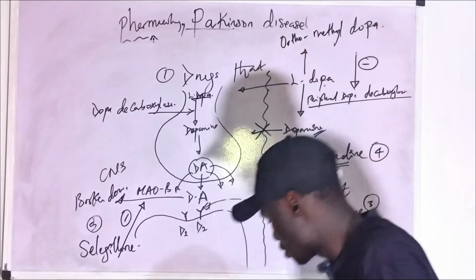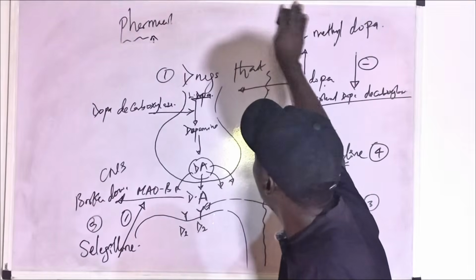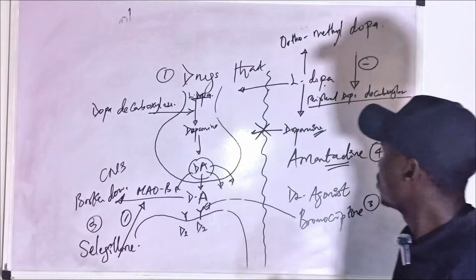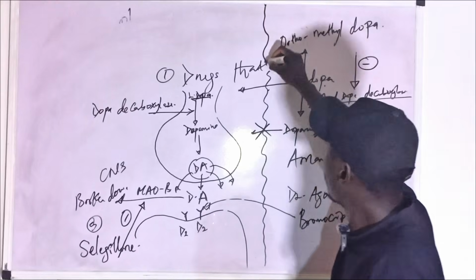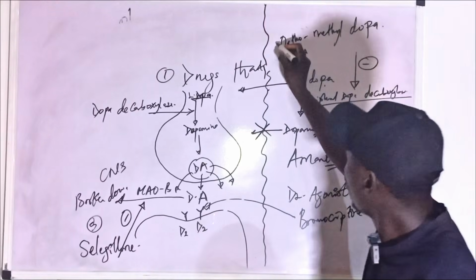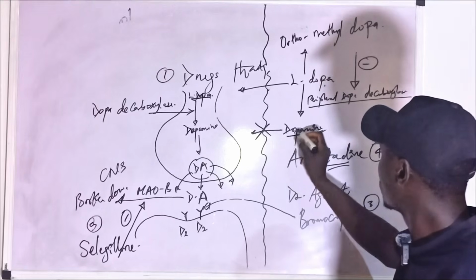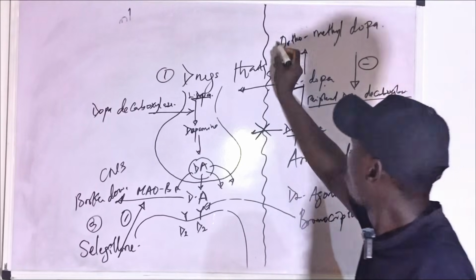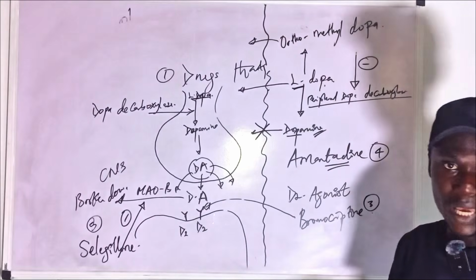Let me take the blood-brain barrier a little bit off. So this O-methyl-dopa will also compete for what? It will compete with L-dopa for transport into the CNS.